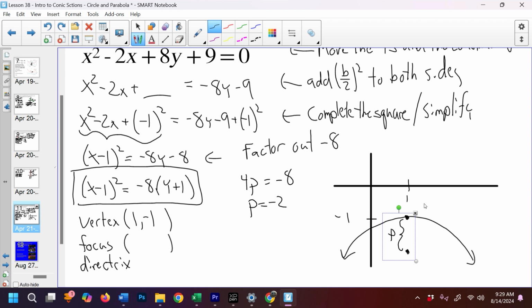So if this point right here is 1, negative 1, then 2 units below that will be 1, negative 3. So 1, negative 3 goes there. My directrix will be 2 units above. So counting from negative 1 up 1 unit, 2 units, I'll have a horizontal line 2 units above 1, negative 1. Well, that'll be at y is equal to 1.